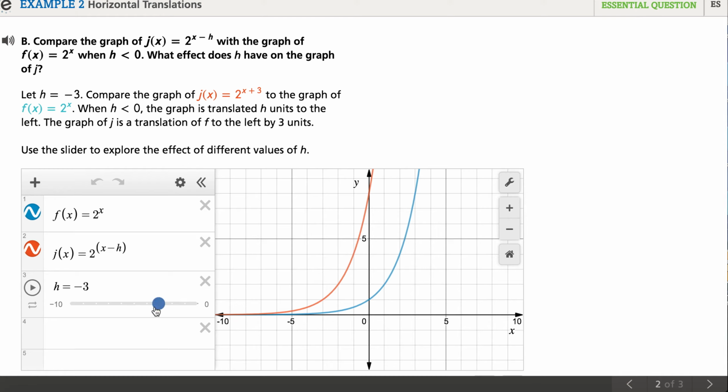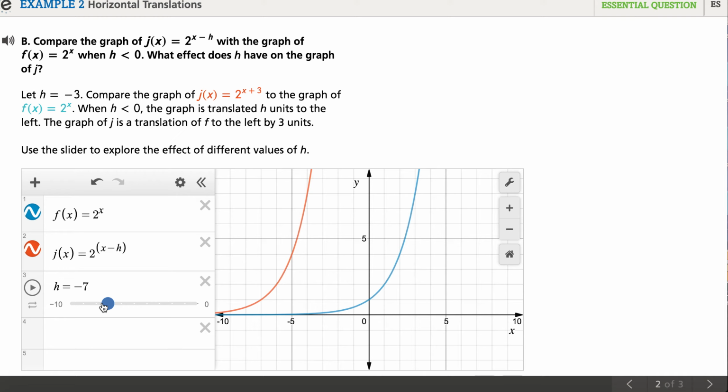Now, let's use the slider to see the different values of h. As you see here, when h approaches 0, the function approaches the parent function, which is 2 to the power of x. But as we get to smaller numbers, -7, -8, etc., it goes farther to the left of the graph.